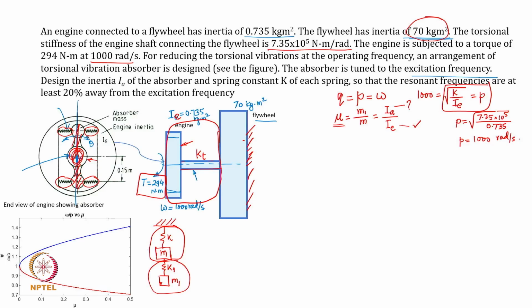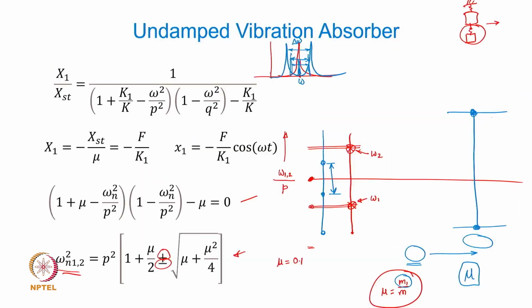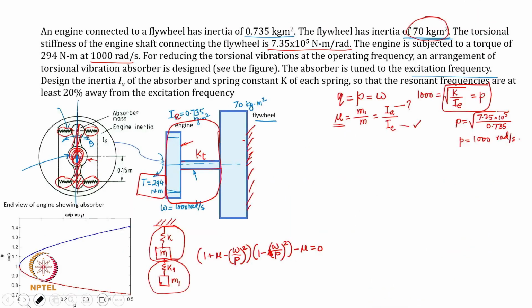So the other way of trying to resolve this is recalling our frequency equation of a two mass system. Remember that frequency equation? Yes, here it is. You can either use this or you can use this. We will use this for the sake of convenience. I might as well use omega by p as a ratio.